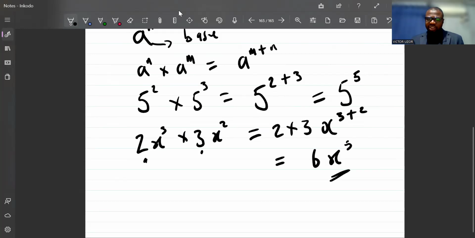The second one is under division, meaning that when you have the same base, that means you have a raised to power n divided by a raised to power m. So what you do is that you subtract the powers.